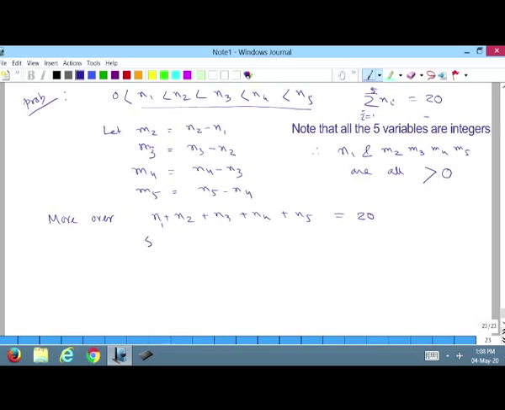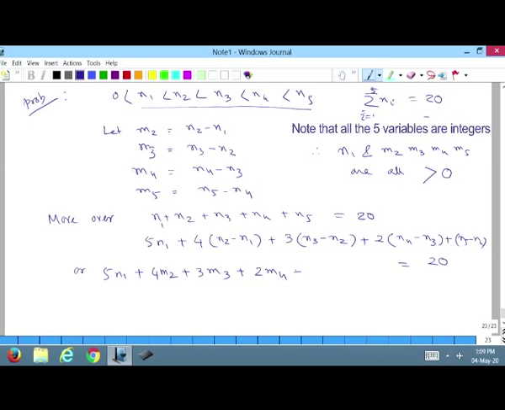This we can write as 5n1 plus 4(n2 - n1) plus 3(n3 - n2) plus 2(n4 - n3) plus (n5 - n4) is equal to 20, or 5n1 plus 4m2 plus 3m3 plus 2m4 plus m5 is equal to 20, where n1 and all mi are greater than 0.